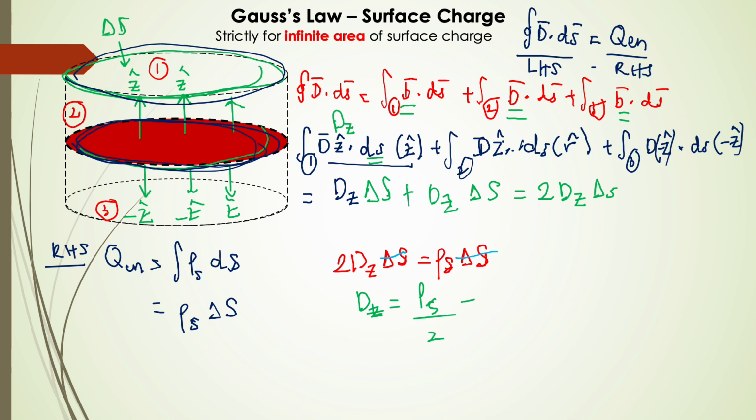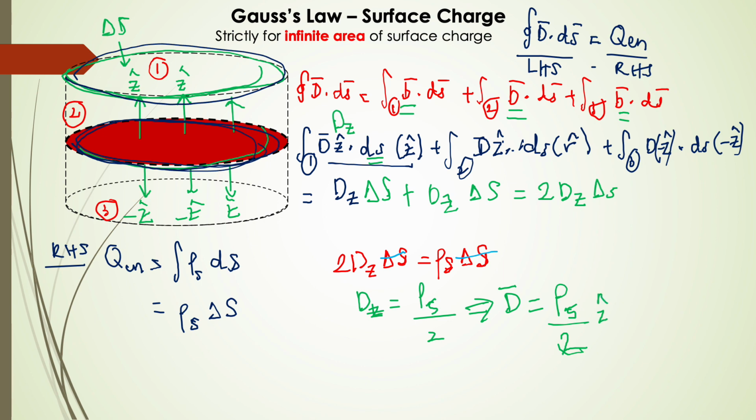And same as before, to convert it into vector, your D will be rho s over 2 in z direction.